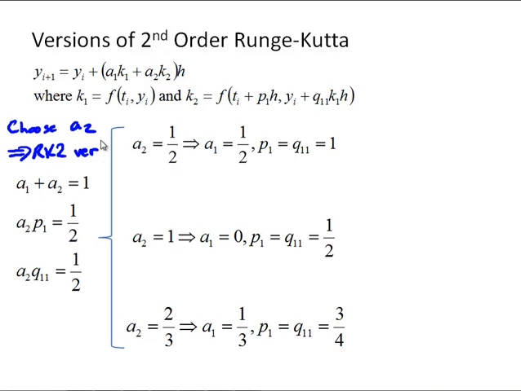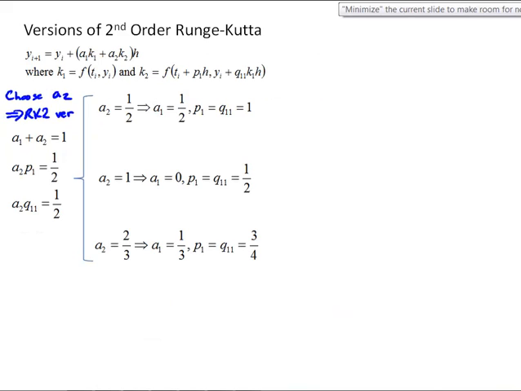second order Runge-Kutta. So if we choose, for example, a2 equal to 1/2, then a1 is going to equal 1/2, and p1 and q11 are both equal to 1.